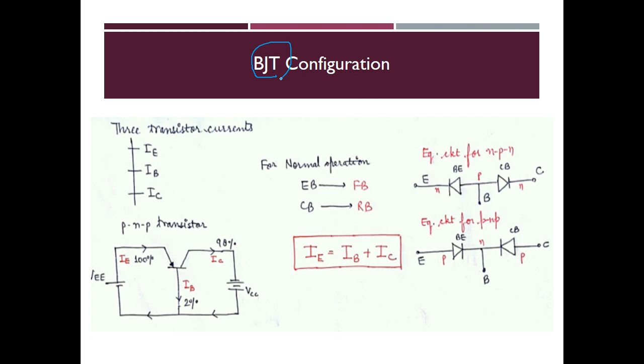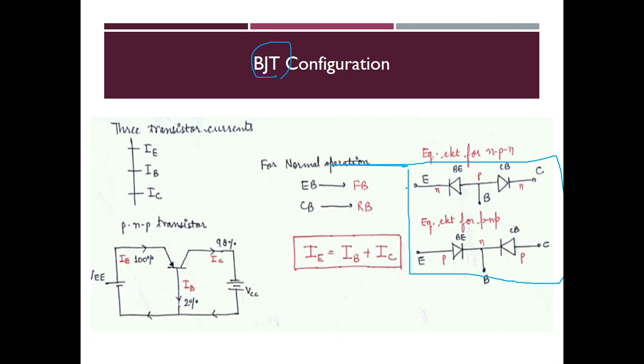Bipolar in the sense it has both the majority charge carrier as well as the minority charge carrier, right? This is the two diode analogy of the BJT. If we connect two back-to-back PN junction diodes, that forms a transistor.